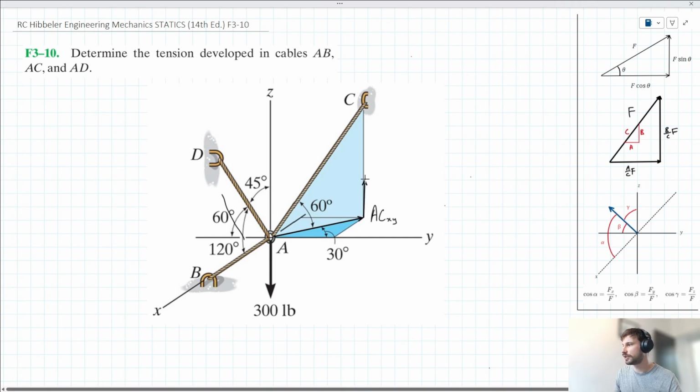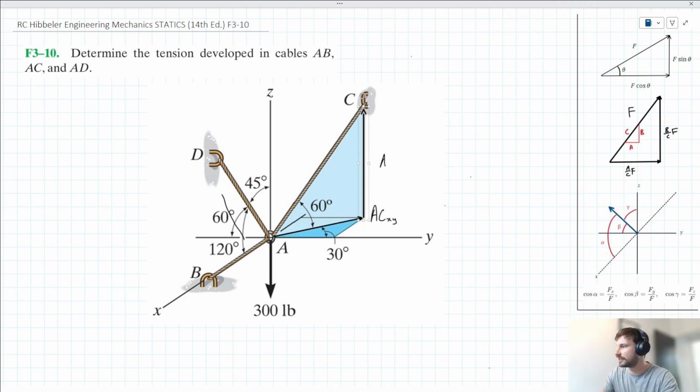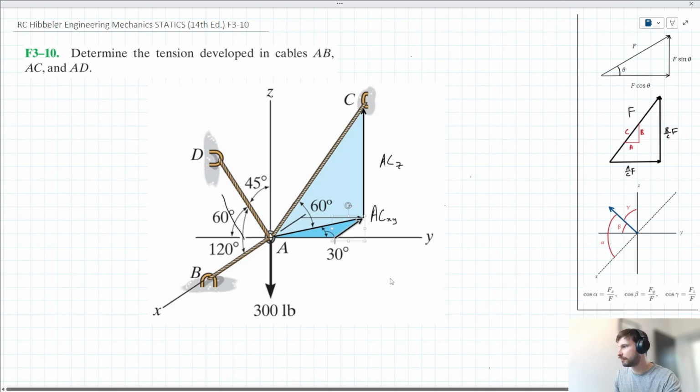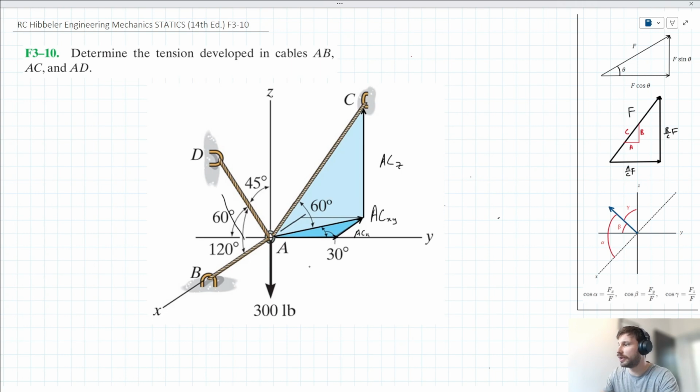We can also treat this line as the Z component of AC, so let's call it ACZ. This line is the X component of AC, so let's call it AC subscript X. And this line we can treat as the Y component of AC, okay?